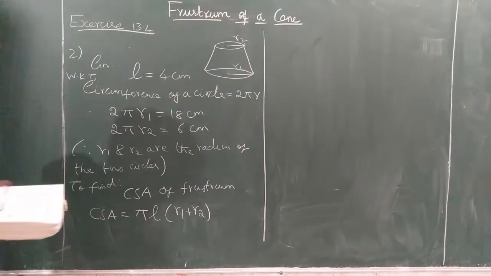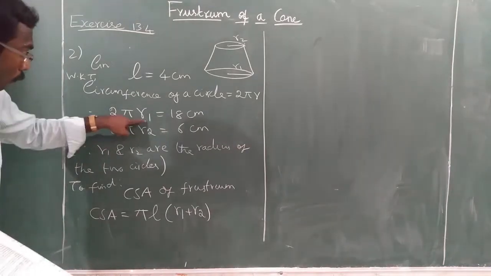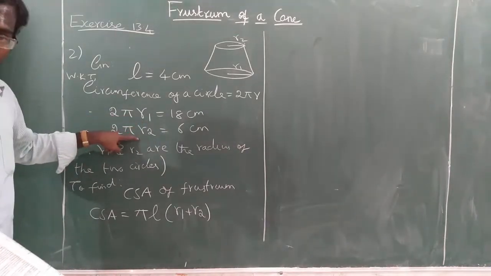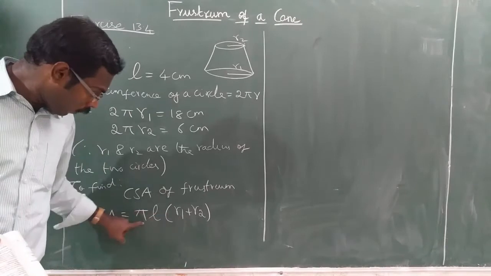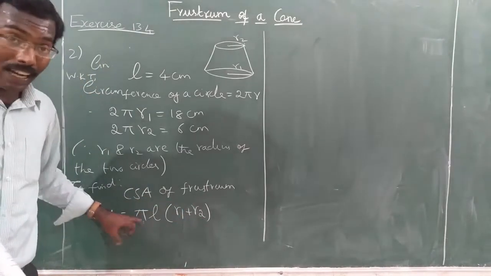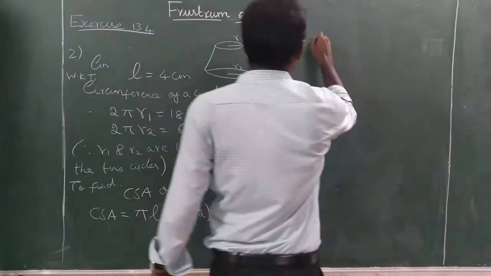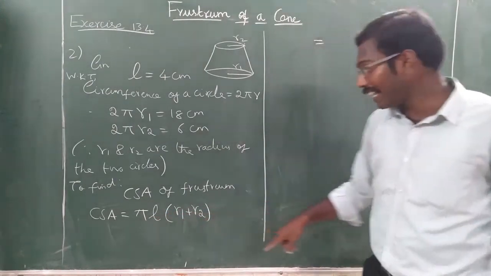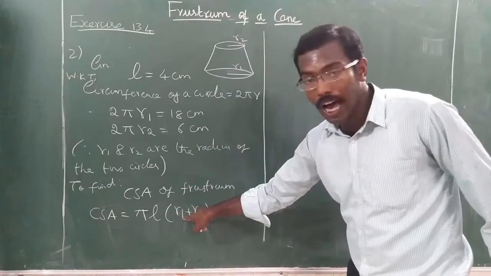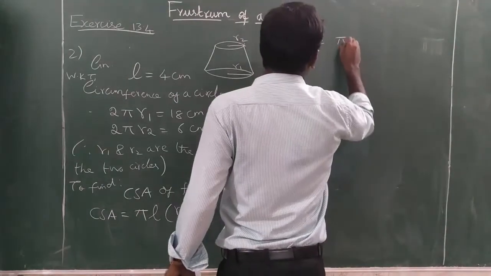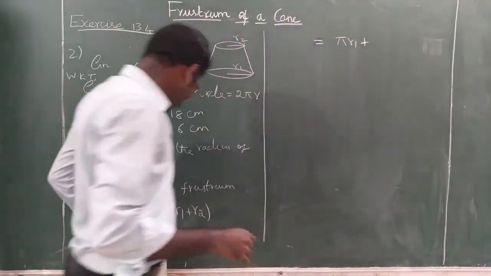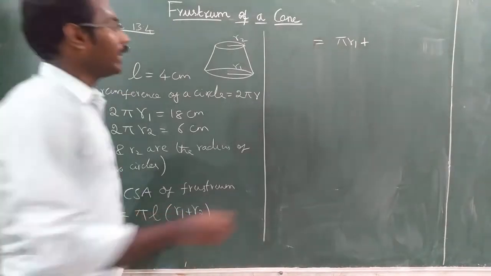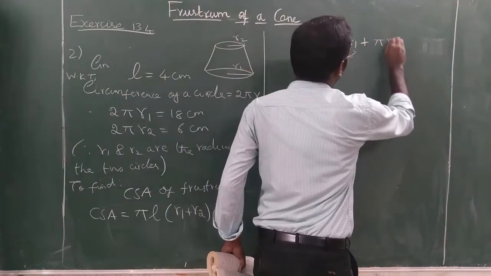Here you see, pi R1 plus pi R2. Pi is outside now, so we can write this pi L into R1 like this: pi into R1 is pi R1, plus pi into R2 is pi R2.